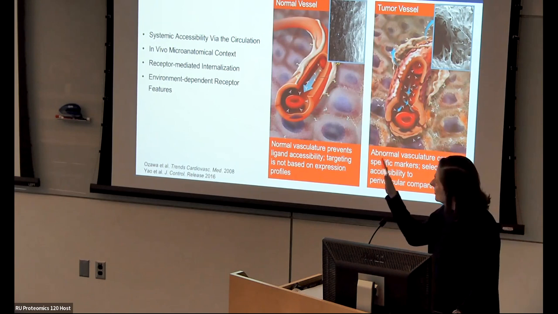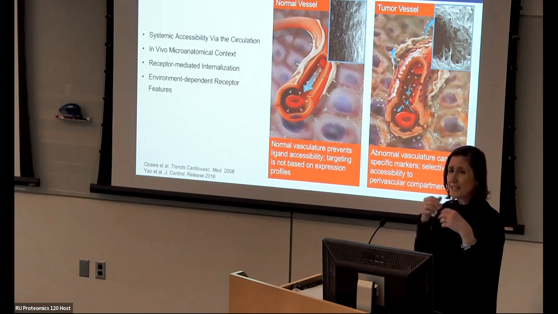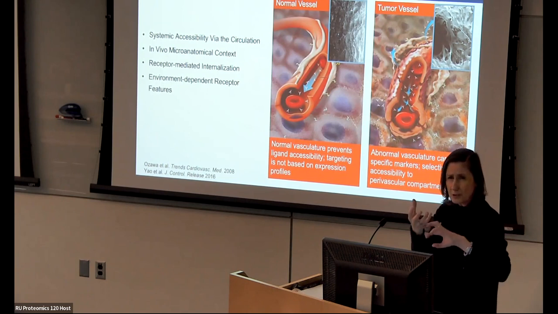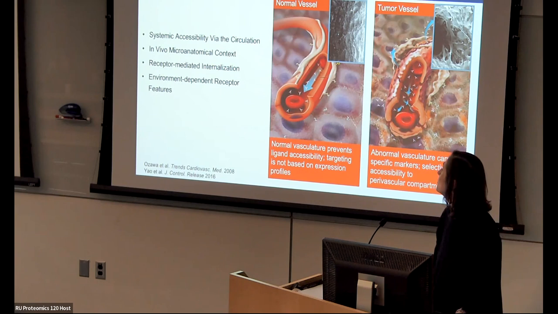We also map very interesting environment-dependent receptor features, and by this I mean protein complexes that come together to form a binding site, activation states, conformational states that you wouldn't necessarily be able to reproduce in vitro. And again, the accessibility is crucial.